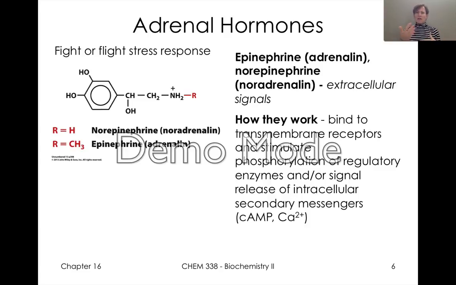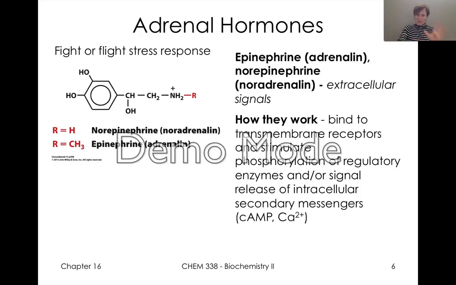They are activating signals. They activate the fight or flight stress response pathways. We're going to talk about where they bind, and how they stimulate phosphorylation cascades. They're going to be tied to secondary messengers like cyclic AMP and calcium.